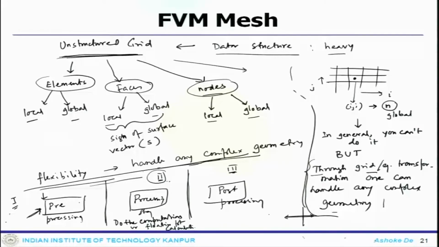Then you move on: once your calculation is done, you need to analyze the data, and that again consumes a lot of time, because this is the post processing stage, or block 3. The data you got you need to analyze, and only then can you correlate with your physical problem. So again this has to be connected with your block 1. That means whatever physical problem I had in hand, I have transformed it to a numerical problem, solved it, and then whether the results I have got make sense or not.